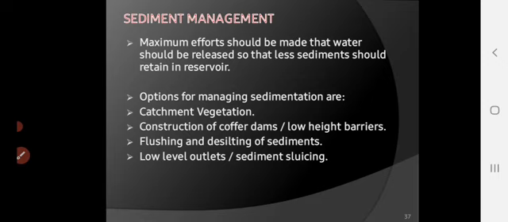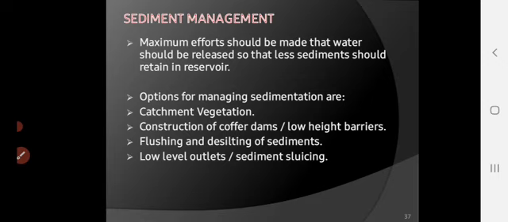Low level outlets and sediment sluicing. Outlets are provided at the lower level of the dam. So by opening the outlets, the dirty water or turbid water flows to the downstream side, and thereby we can reduce the sediment deposition, right?